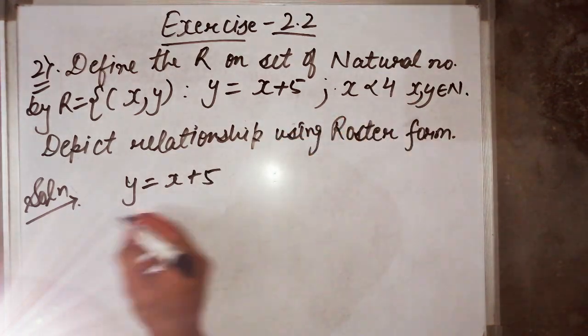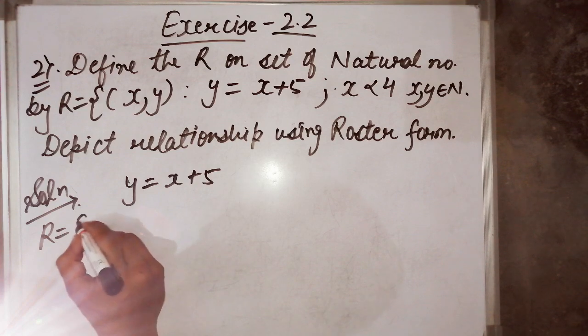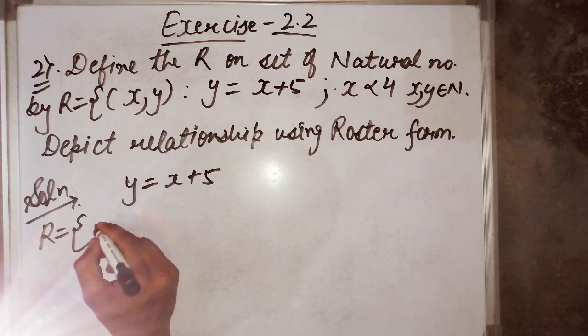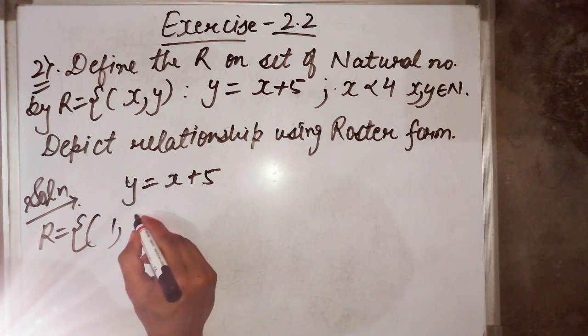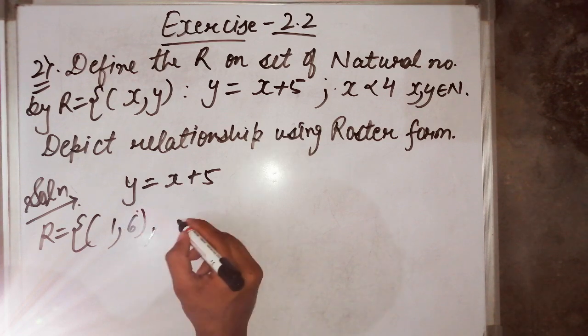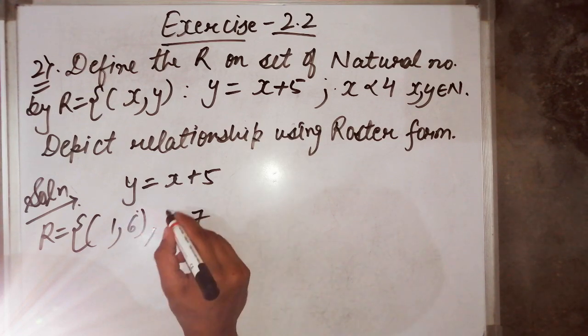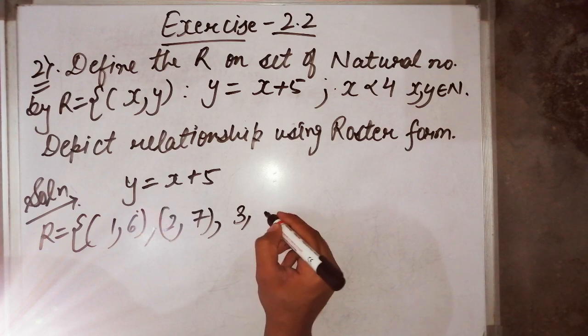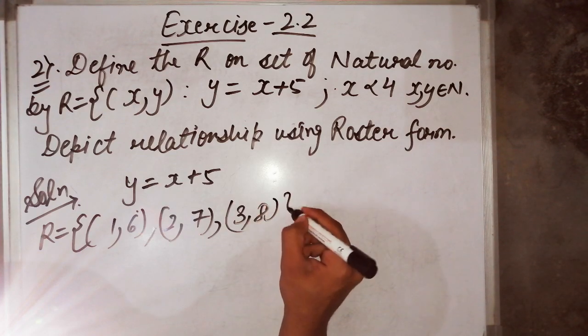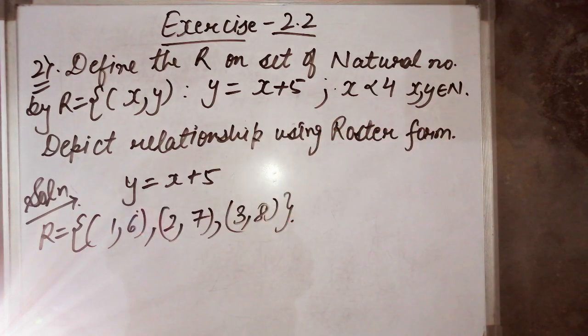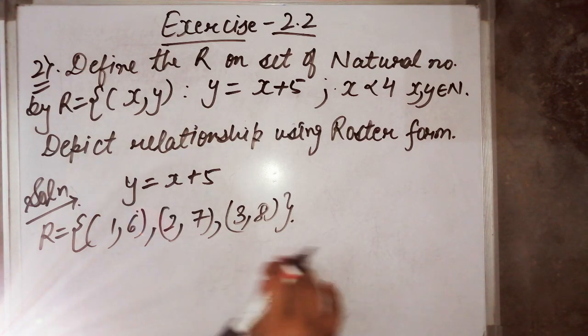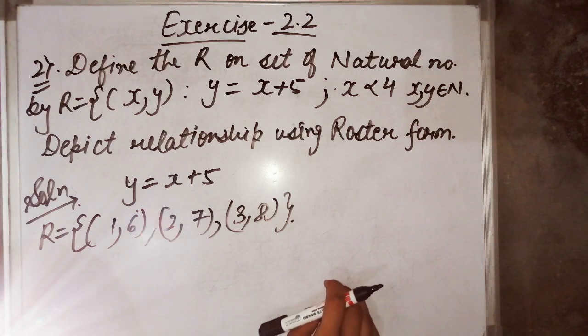Okay, let's write down. We'll have the relationship (1, 6), (2, 7) and (3, 8). That's it, because x is less than 4 and 4 is not included. Okay, this is the relationship which we have defined in the roster form.